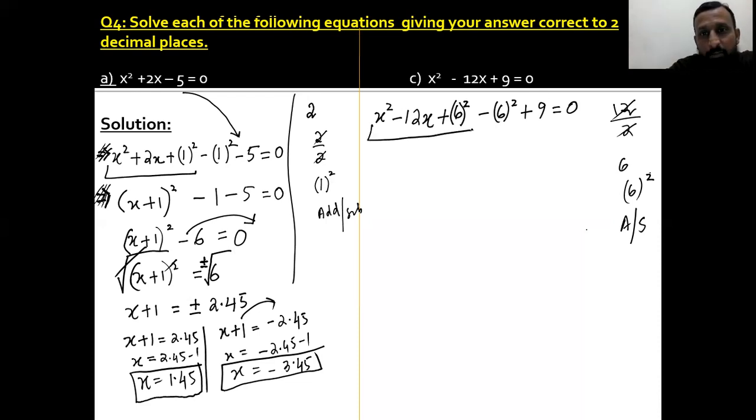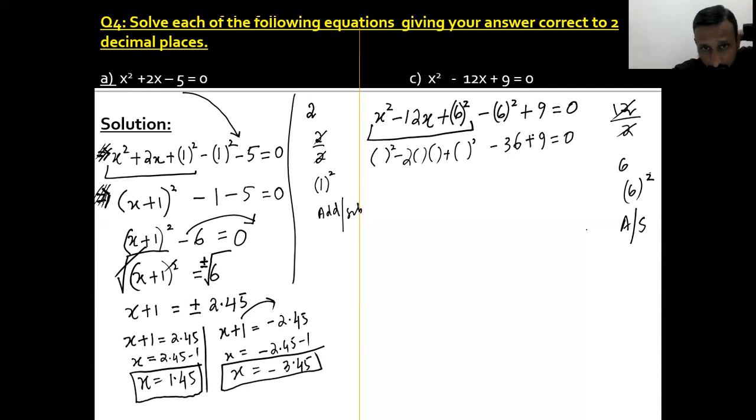All right, boys and girls, look at this. The first three terms make a perfect square bracket: a square minus 2ab plus b square. Whereas the last two terms, 6 square is negative 36 plus 9 equals 0.